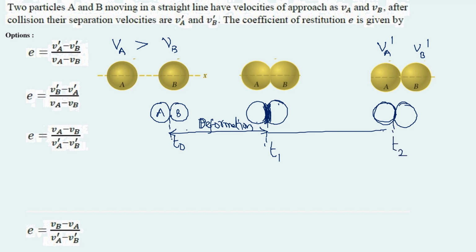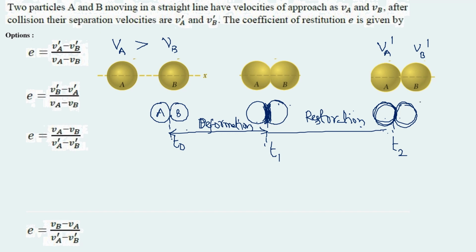This duration, from maximum deformation or maximum area of contact to the point where they are about to separate, is called the period of restoration. Here the contact area gradually reduces and they are now about to separate. At this point the velocities are VA dash and VB dash.